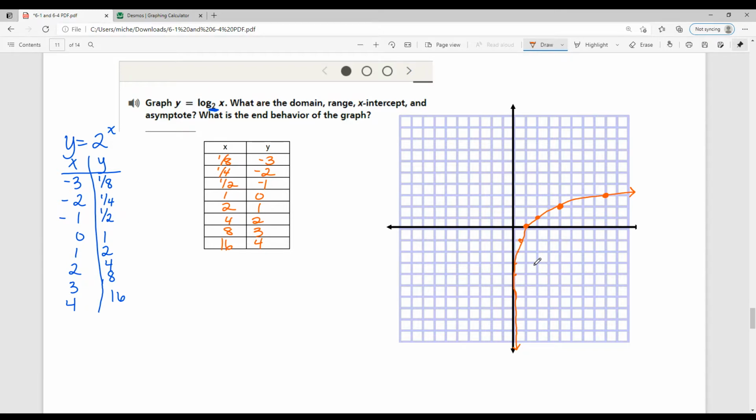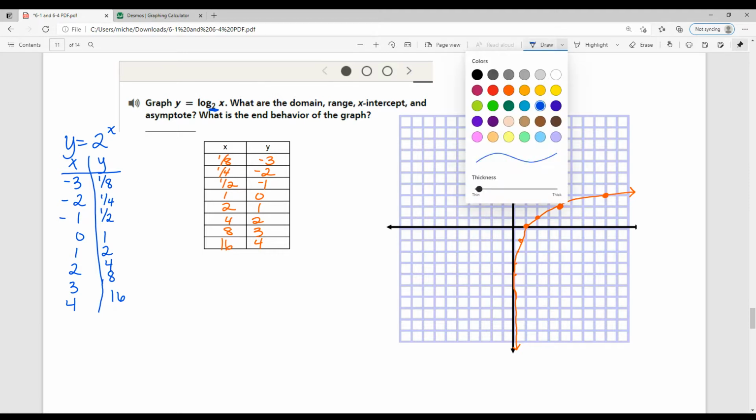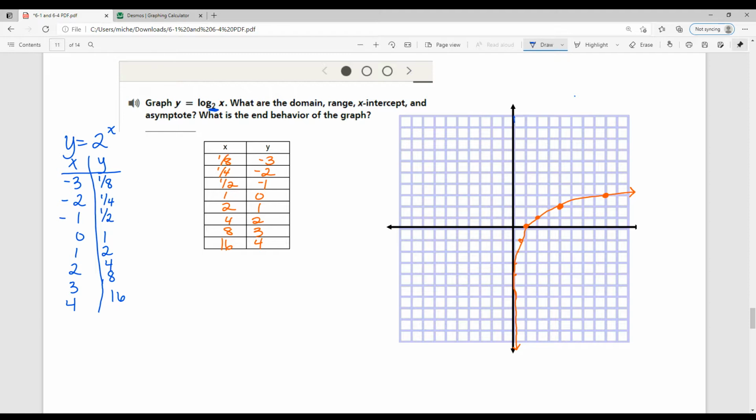I'm also noticing that instead of a horizontal asymptote, the log function has a vertical asymptote right here at the y-axis, which is the line x equals 0. So vertical asymptote at x equals 0. And then what are the domain, range, x-intercept?